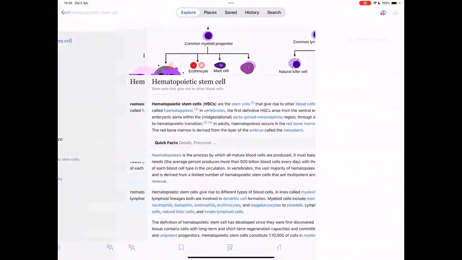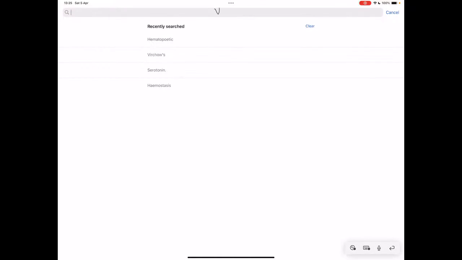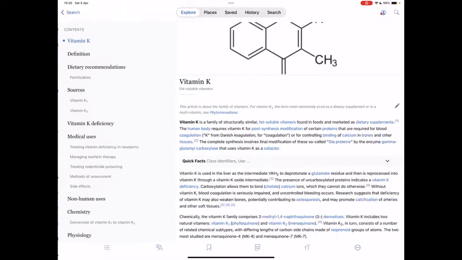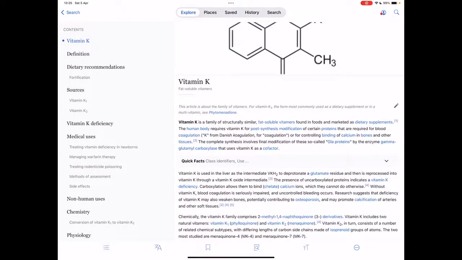No problem. Vitamin K is crucial because it activates clotting factors by enabling them to bind calcium. This is essential for the clotting process to work properly. And it's a fat soluble vitamin. Exactly. It's fat soluble, which means it's absorbed along with dietary fats and stored in the liver.